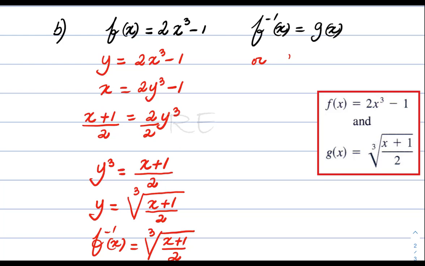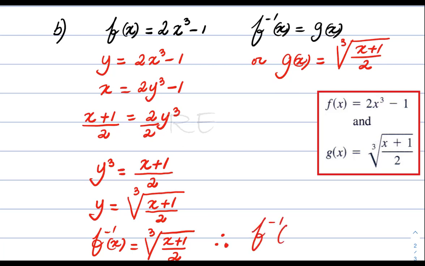And we know that g of x is cube root of x plus 1 over 2. Therefore, the inverse of f of x is equal to g of x.